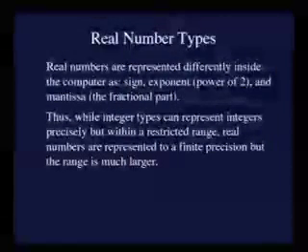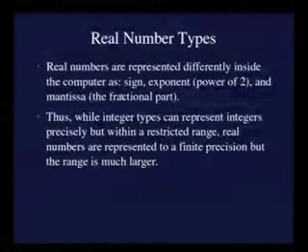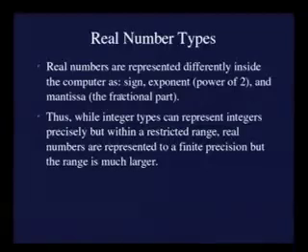But integer types have a relatively smaller range. For example, on the machine that we just saw, the size of the integer type is 4 bytes, that is 32 bits. So the largest integer that we can store in an int type would be 2 to the power 31 minus 1. The range of real numbers on the other hand is much larger, but the precision is restricted.